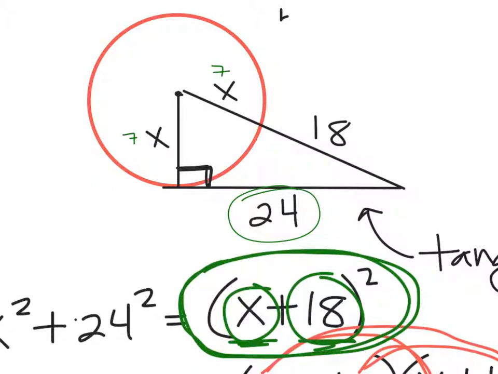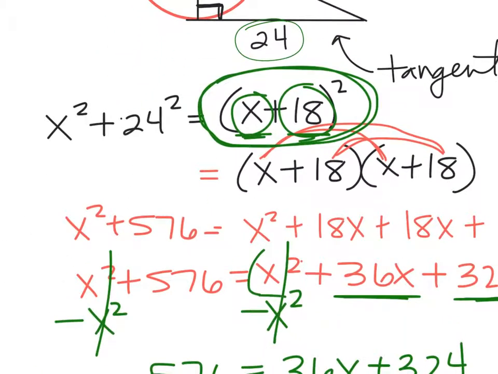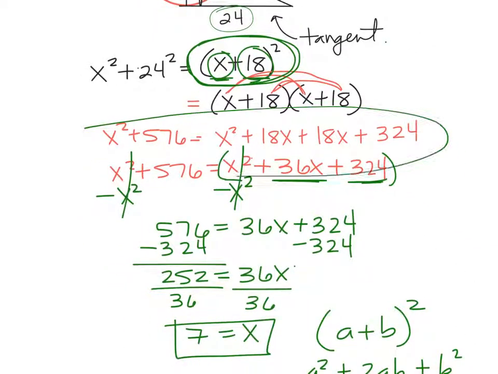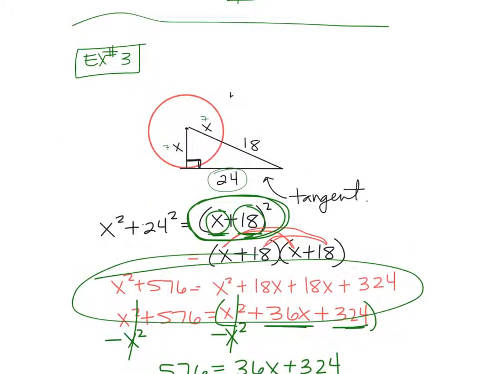Yes, sir. Wait, so if you just know what that is, then why don't you just figure it out? That's what we did. This is Pythagorean Theorem. Okay, but could you just go back up? Could you just do 24 squared plus x squared equals 18 squared?